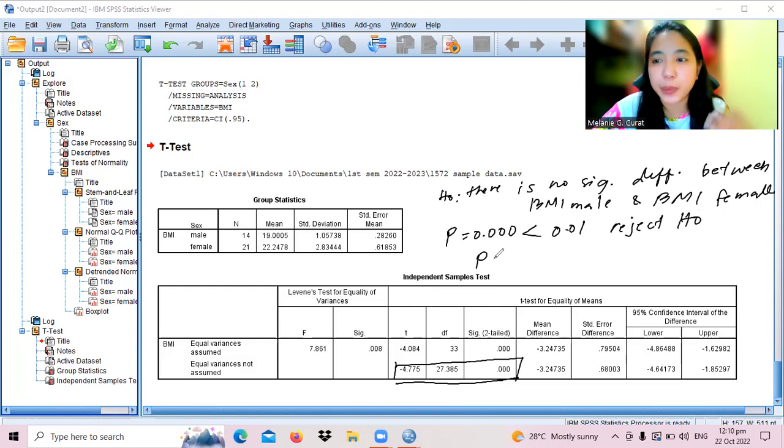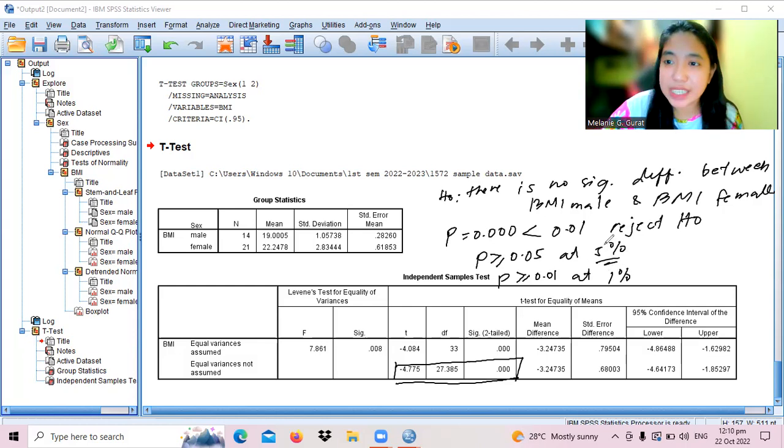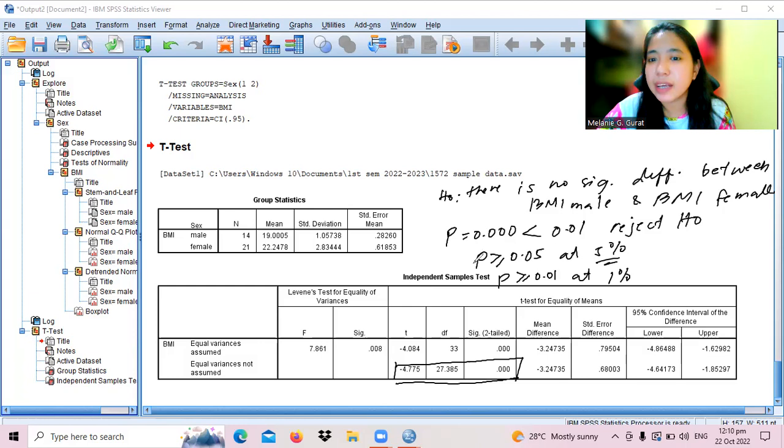We are accepting HO if p is greater than or equal to 0.05 at 5%, or greater than or equal to 0.01 if we are using the 1% level of significance. So p is equal to 0.000, which is less than 0.01, indicating that we will be rejecting HO.